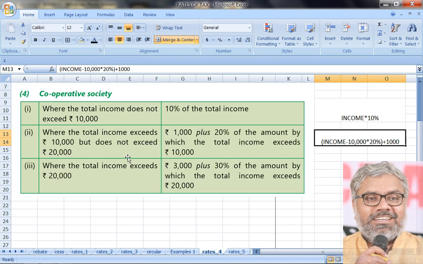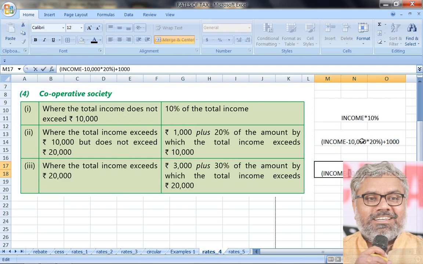When is that? If the income of the cooperative society is somewhere between 10,000 to 20,000. What if it exceeds 20,000? Then we can use a similar thing, but here we should do income minus 20,000 into 30% plus 3,000.